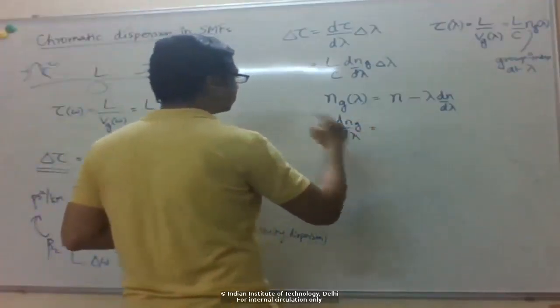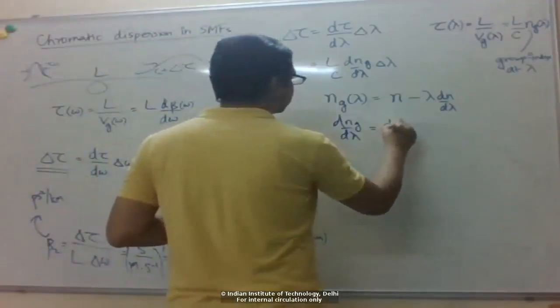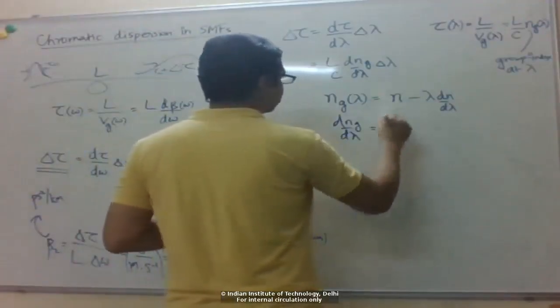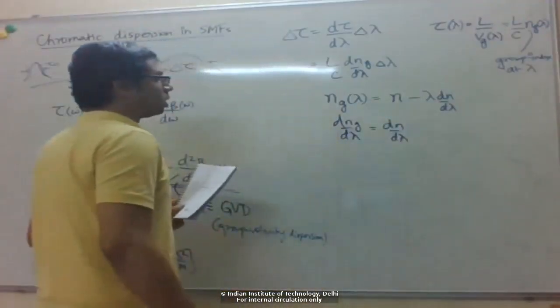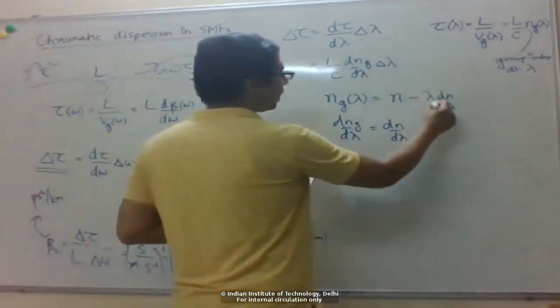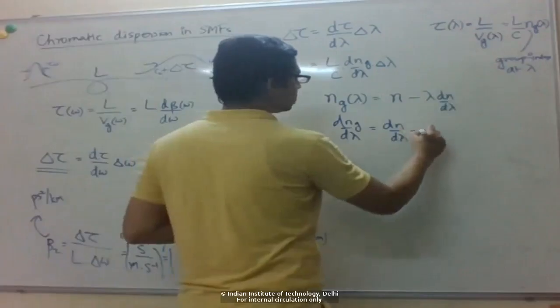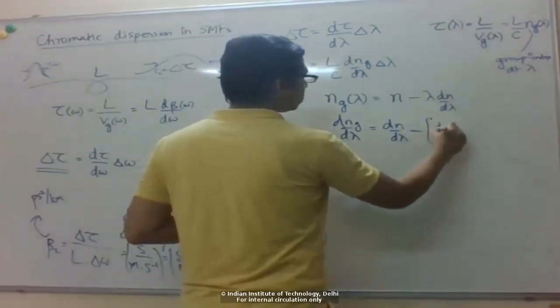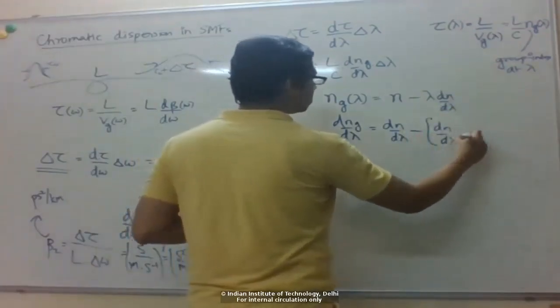Now dNg by d lambda, you can see the first term will just give the derivative of n with respect to lambda. And for the second term we have to use the product rule, so we get two terms.